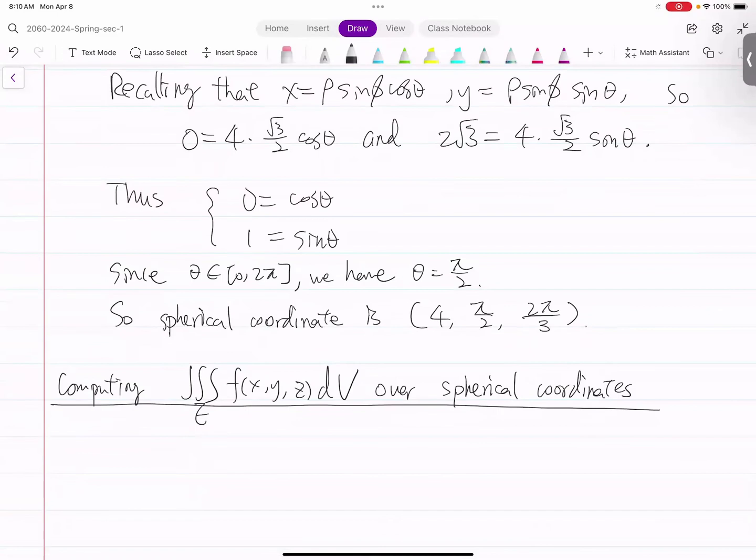So once again, we define this solid B that is a rectangle in spherical coordinates.